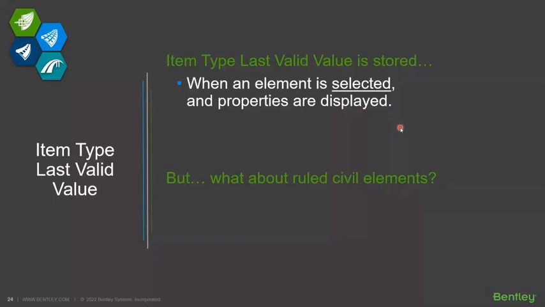Those EC expressions, or those item type expressions, are not going to refire and update in that situation, because you haven't actually touched that element yet and processed it. So this is part of making item types very efficient in your environment and not bogging things down.